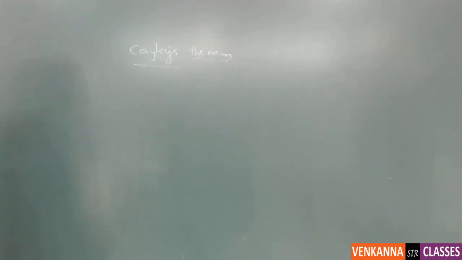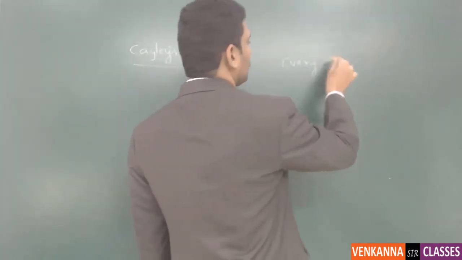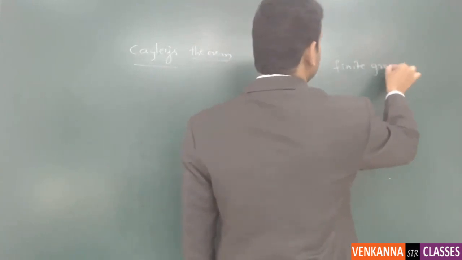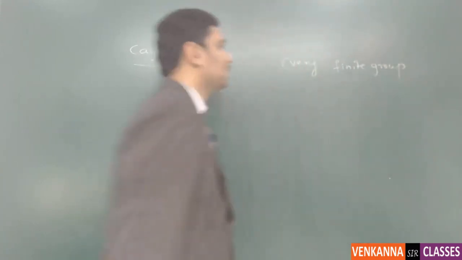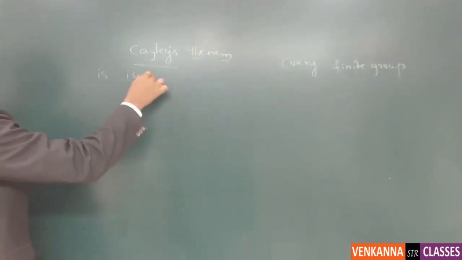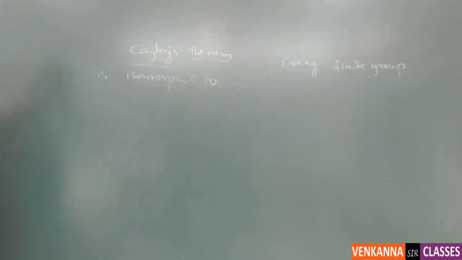The statement says that every finite group is isomorphic to a permutation group.